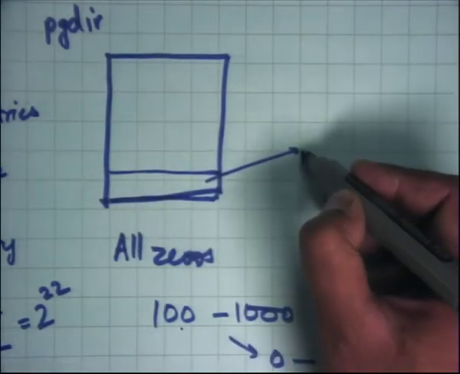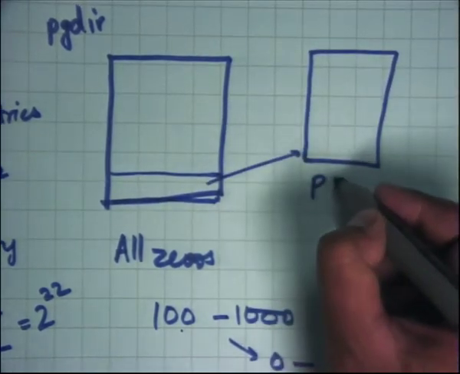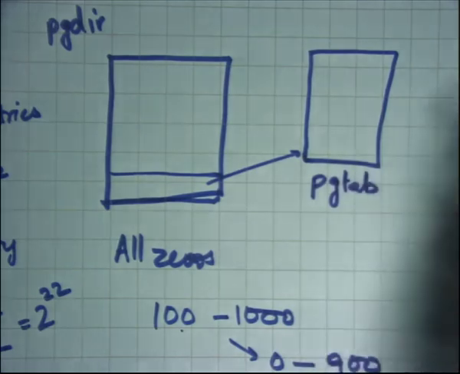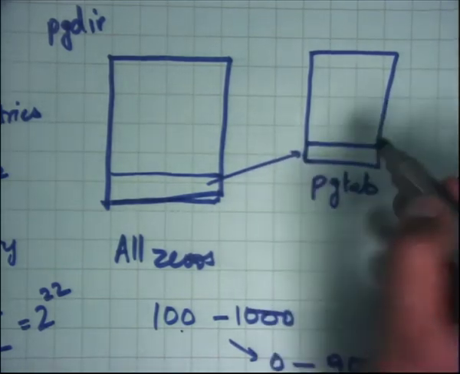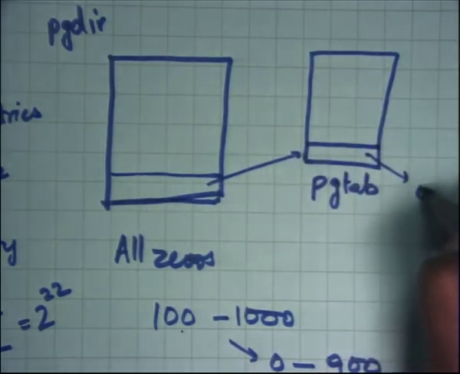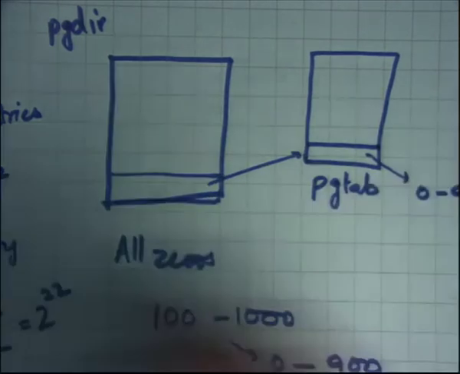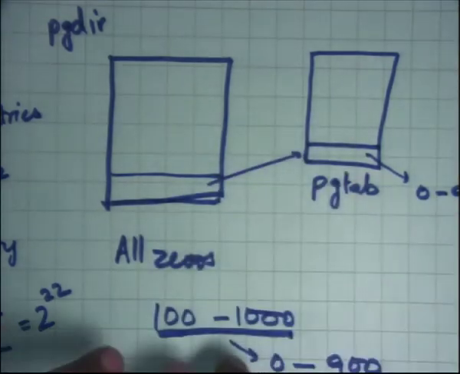You're going to allocate another page table here. Let's call this page table, and in this you're going to say each entry is going to allocate 4 kilobytes. So here you're going to create an entry saying map to 0 to 900, right? Clearly I cannot just create this mapping, I need to say what the corresponding pages are, and so I can only do this at page granularity.